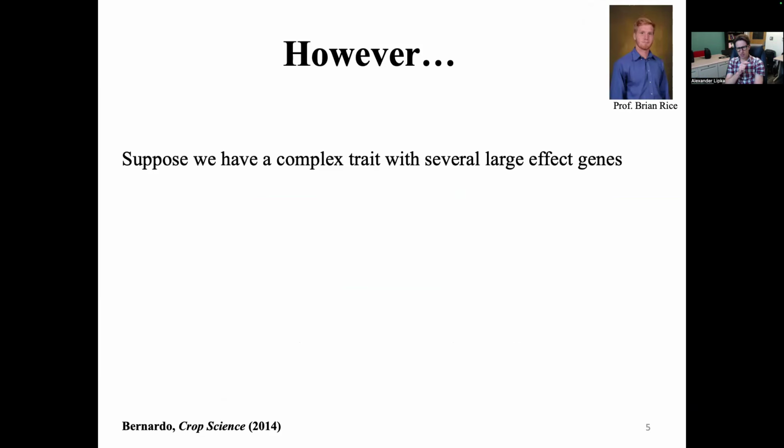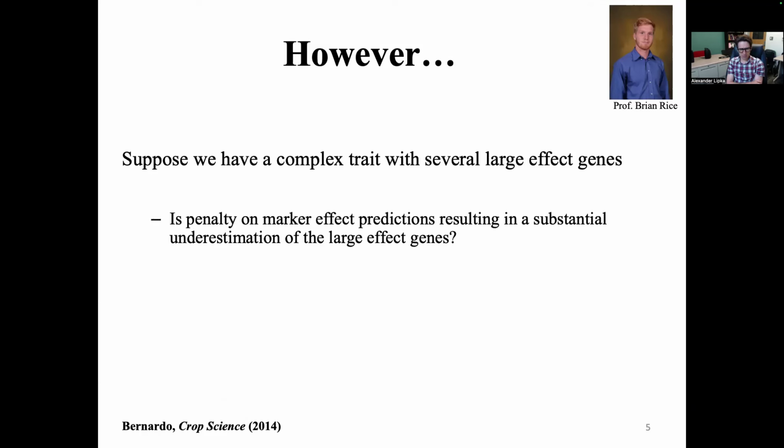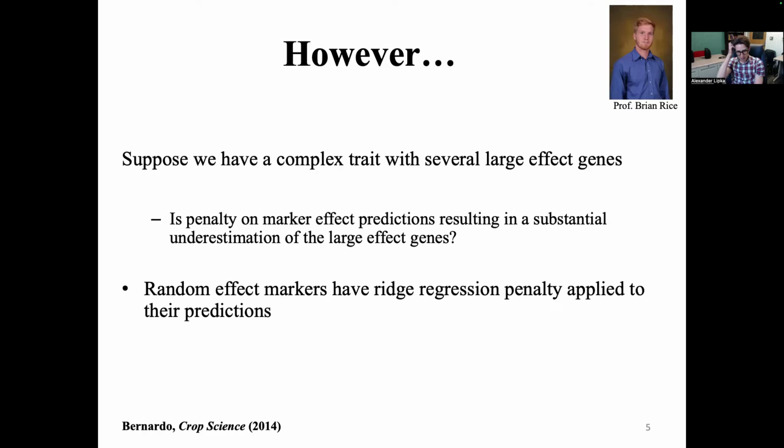What if this complex trait had several large effect genes? Is the penalty I showed you in the previous slide resulting in a substantial underestimation of the effect sizes of these genes? And are we unfairly getting bad predictions because we're not accounting for these large effect genes enough?